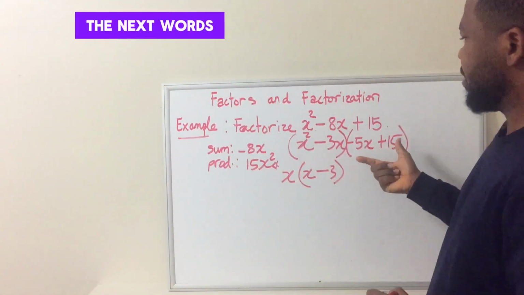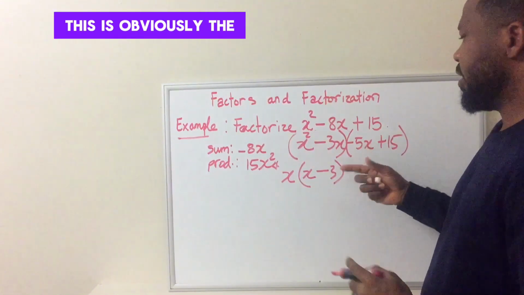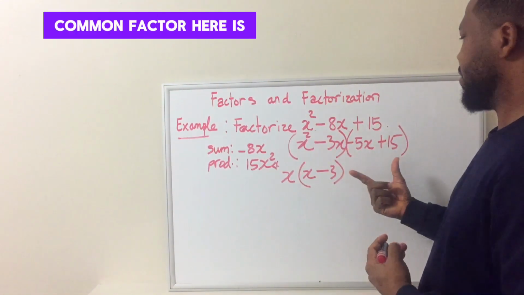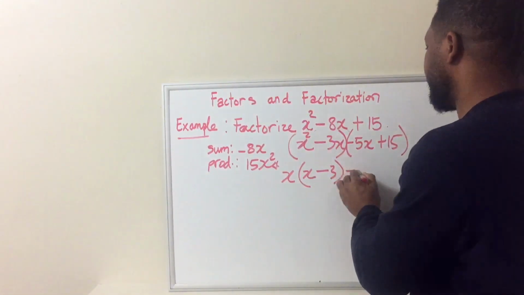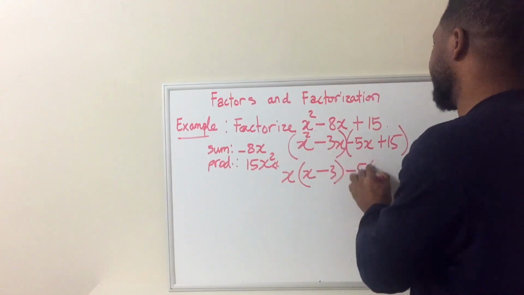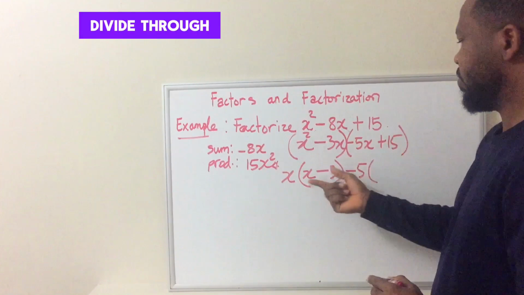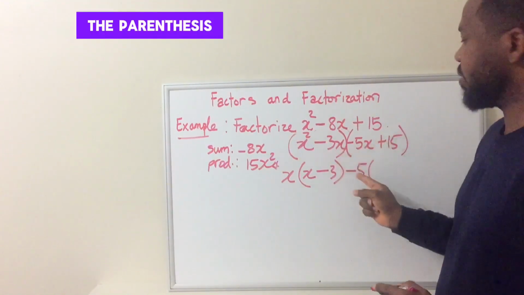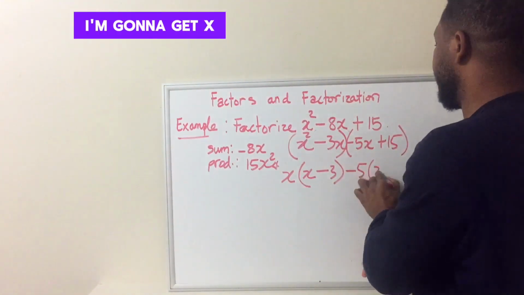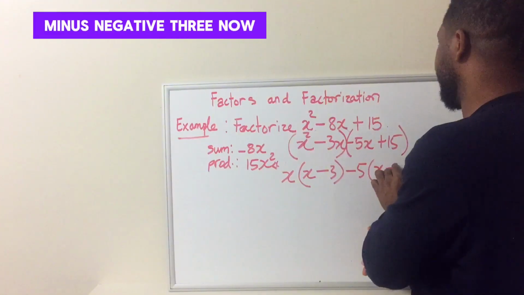I'm going to look at the next parenthesis. Obviously, the common factor here is negative 5. If I divide through what I have in the parentheses, I'm going to get x minus 3.